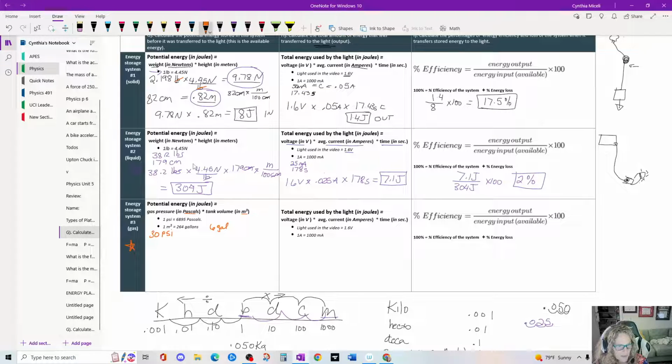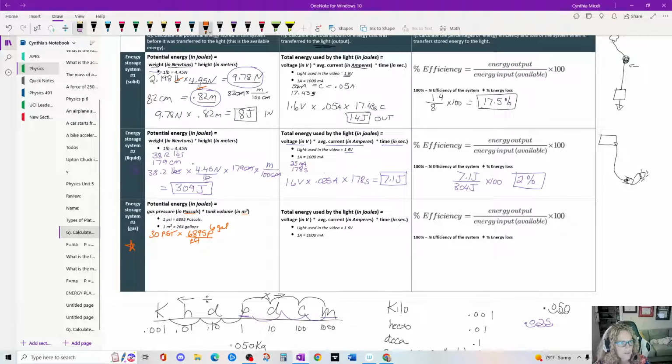So 30 PSI times 6895 pascals per PSI, because it says there's 6,895 pascals per PSI. So these cancel.